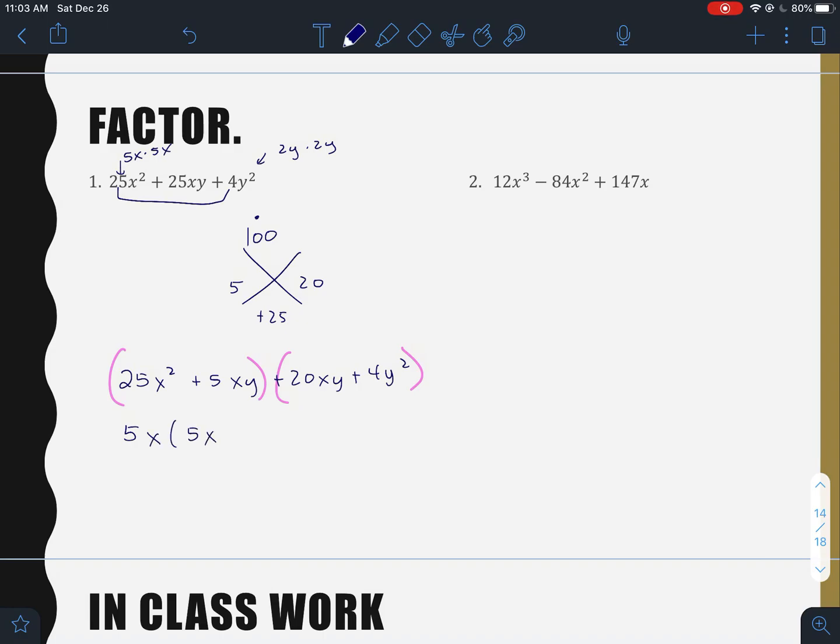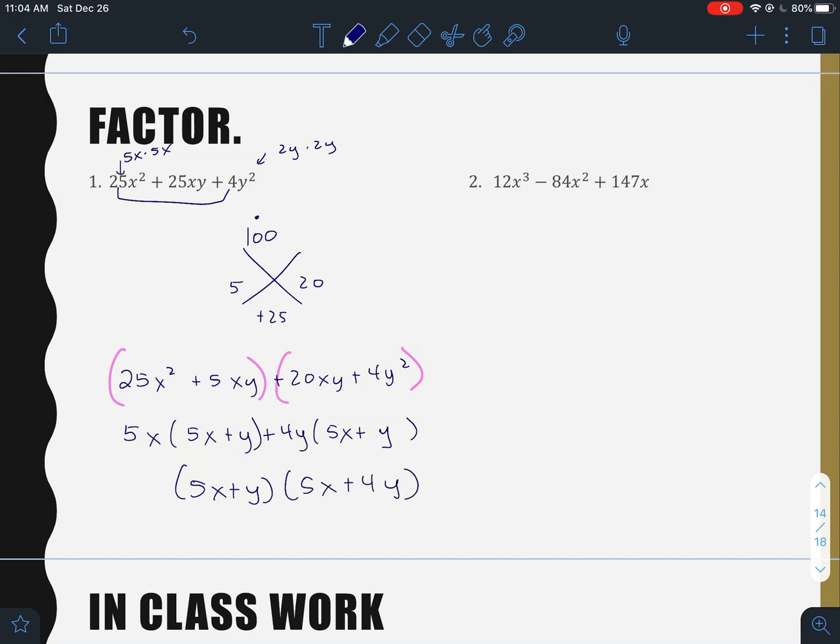So group the first two, group the second two. And I would have 5x, and then it would be 5x plus y. And then we can factor out a 4y, and I'd be left with 5x plus y.